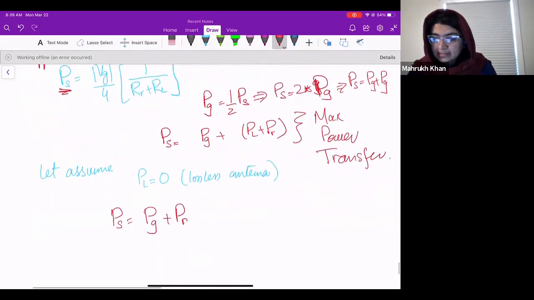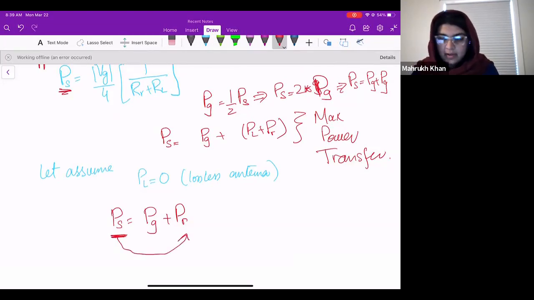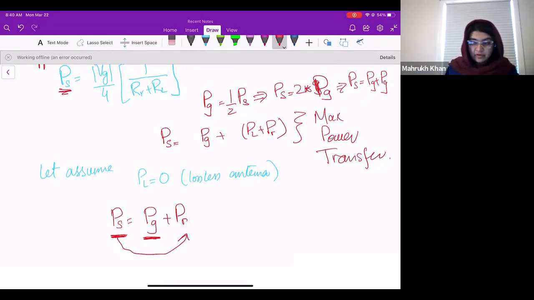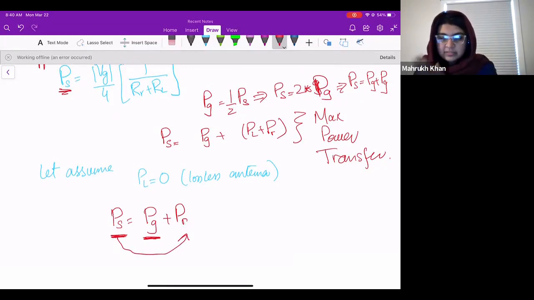Which means that you are still not getting 100% of the supplied power to the radiation resistance. There is still the dissipation across the internal generator resistance. So even in the maximum power transfer scenario, your total power cannot be transferred to the antenna's radiation resistance.